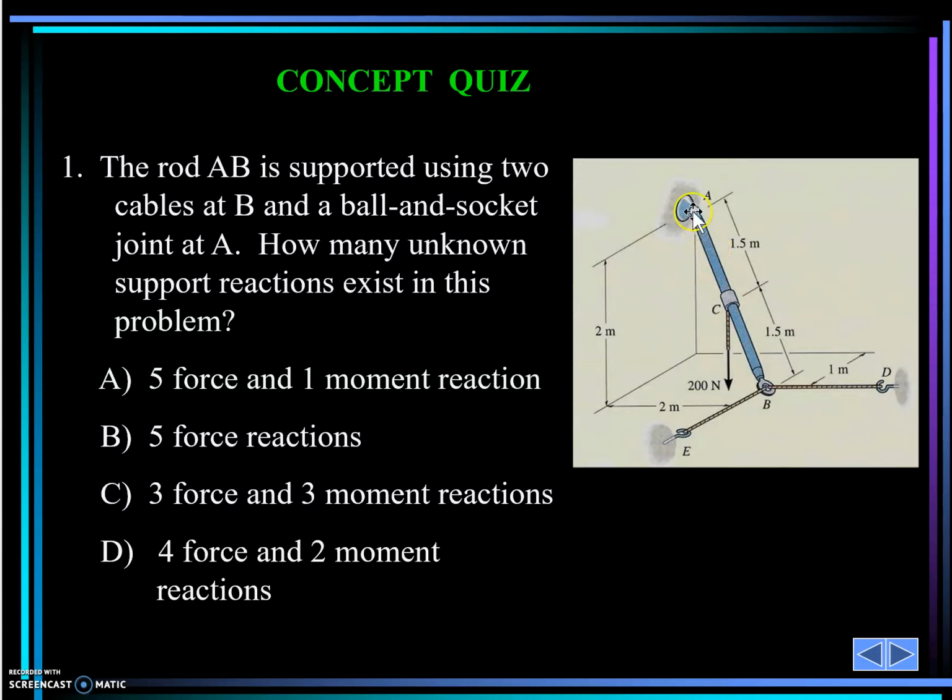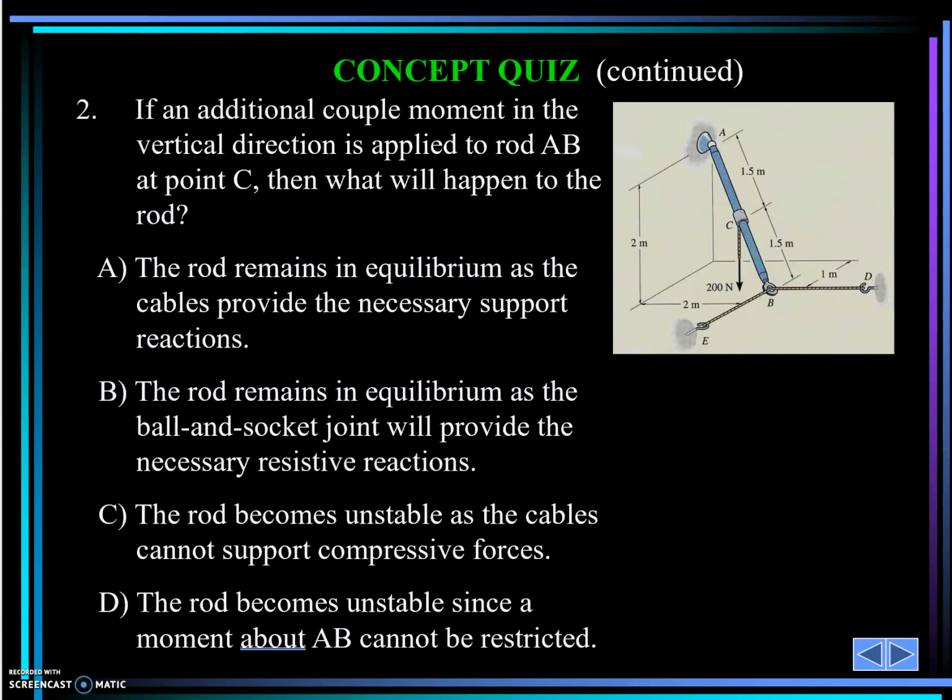The ball and socket provides three unknowns, right? MX, MY, AX, AY, AZ. And you have this unknown reaction in the cable, so the answer is B, 5 forces, as you can see right here from the free body diagram. Fair enough? That is something that I want you guys to familiarize yourself with and be able to solve.